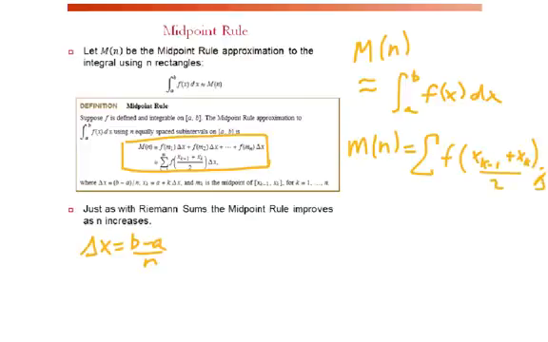Let me try and squeeze that in a little better. And adding that up gives you an approximation for the area under the curve. So just as in Riemann sums, as the number of subintervals increases, the approximation is going to improve.